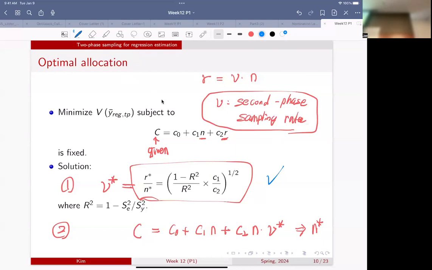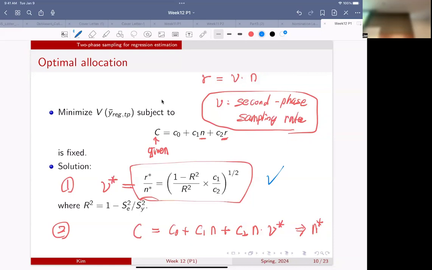Of course, the statistical interpretation should follow, right? What I just proved is mathematics, but as statisticians, we need to give a statistical interpretation, and it makes sense because if C1 is high, we should select more in the second phase.